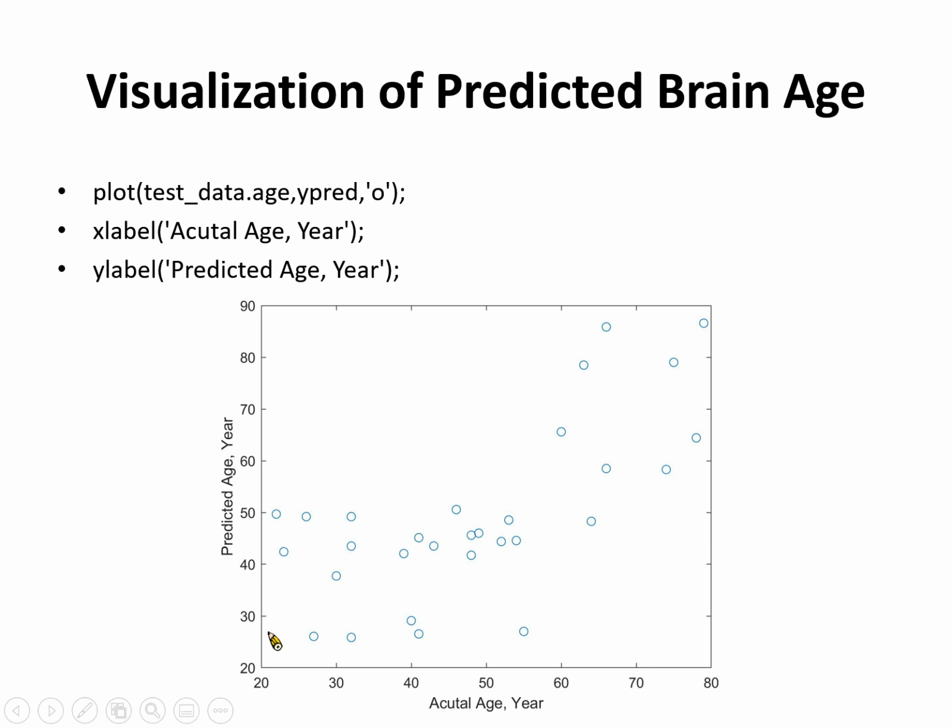If the model were perfect, you should expect to see a straight diagonal line from 20 to 80. But because our model is not perfect, you'll see some errors at different ages. So that is also an interesting question when we study this data.